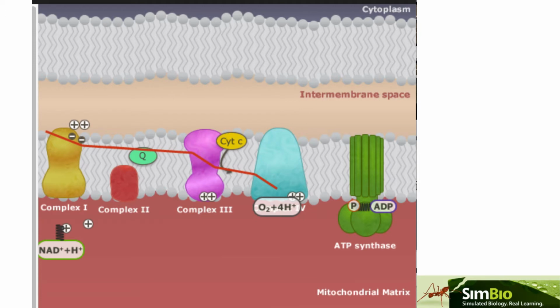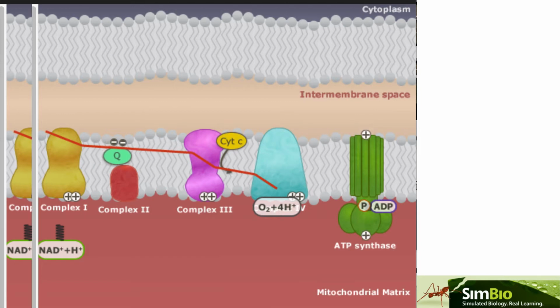The removal of these electrons from these complexes releases some energy. That energy is used to move the protons. Those electrons will continue to be shuttled down the electron transport chain by Q, the next complex in this sequence. Q will shuttle those electrons towards complex 3.